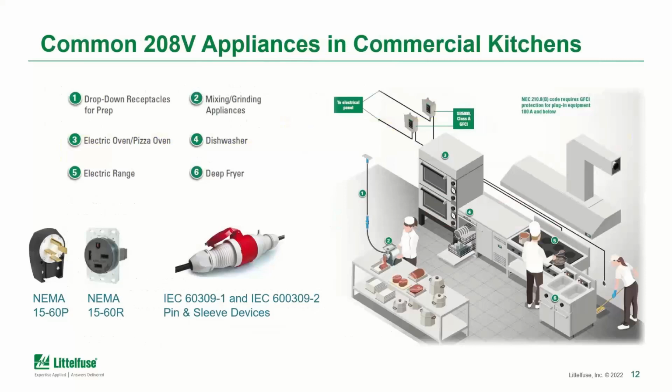So just to pick on commercial kitchens for a moment, this just shows a few of the types of circuits that you might see where these amperages do exist. So it's equipment such as fryers, mixing equipment, electric ranges, and things that are movable in order to be able to meet sanitation standards.